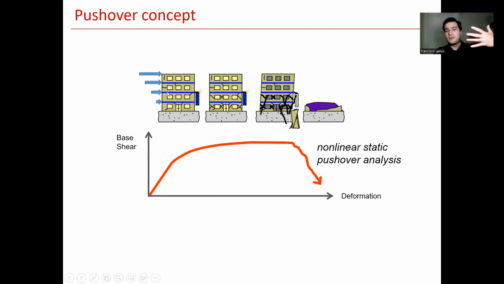So you're pushing the building laterally following a fixed load pattern, right? And that load pattern will produce damage until at one point you get enough damaged elements that will form a mechanism, and then you start collapsing the building, right?